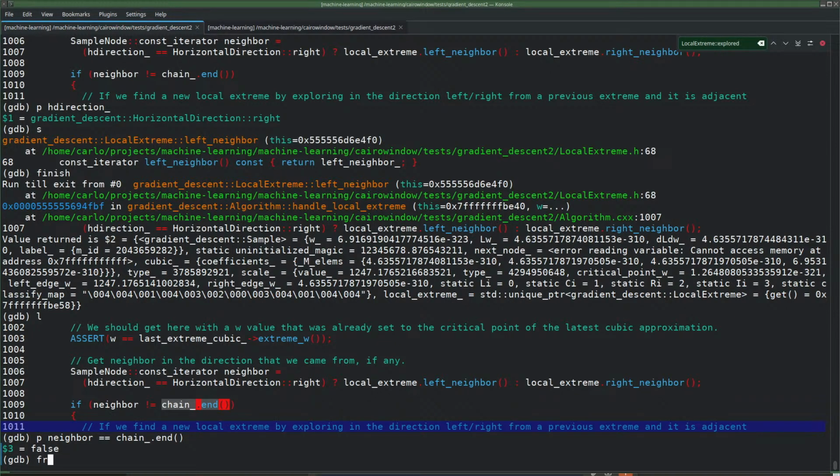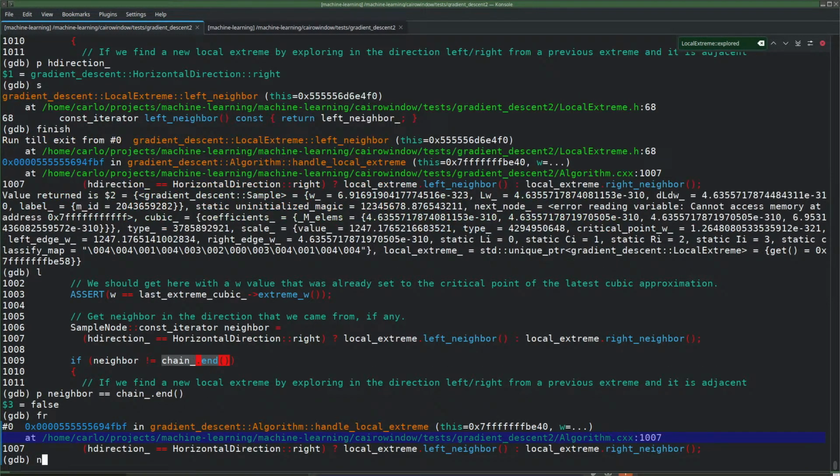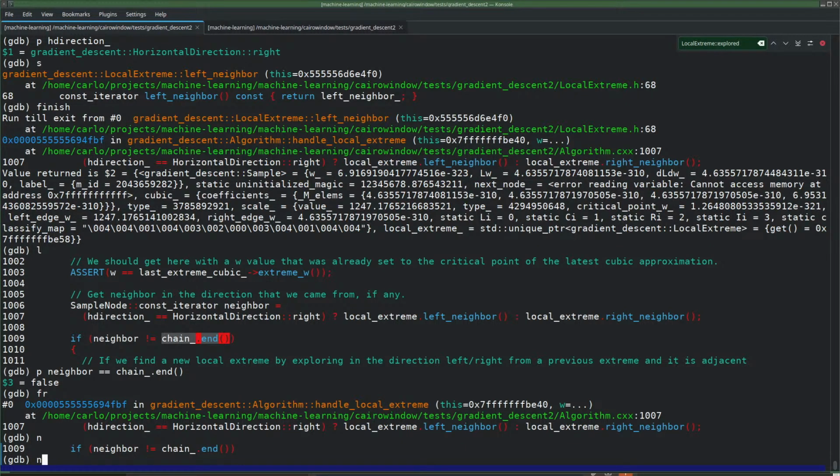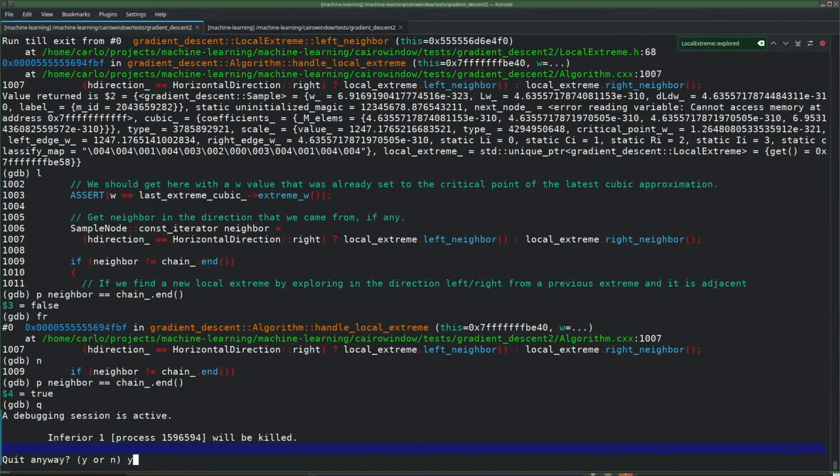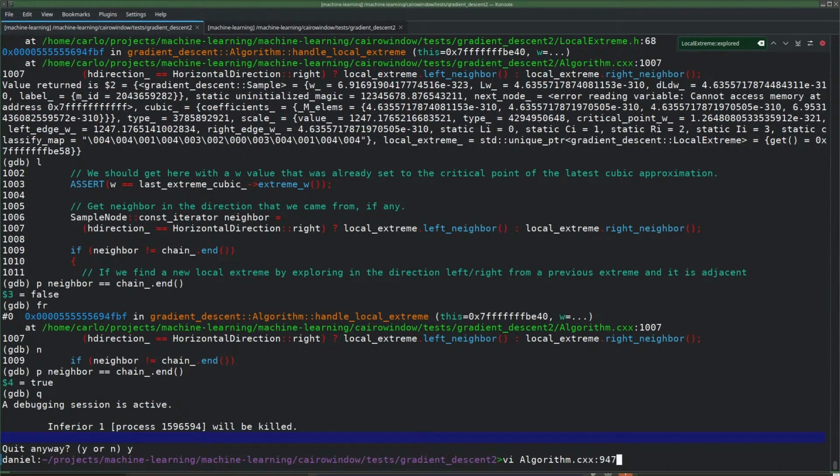Okay, what is happening? Frame, we didn't execute it. Now we did execute it. Yeah, it's end. So left neighbor was not initialized yet. We did not set left neighbor. No, why not? Maybe I'm just too early in the code.